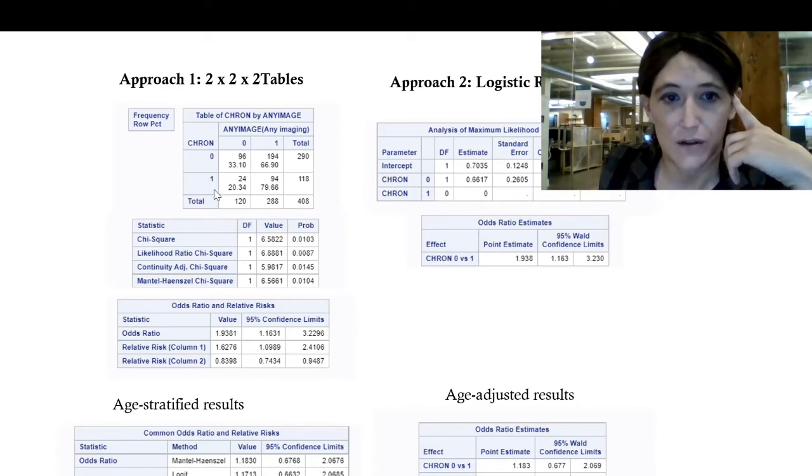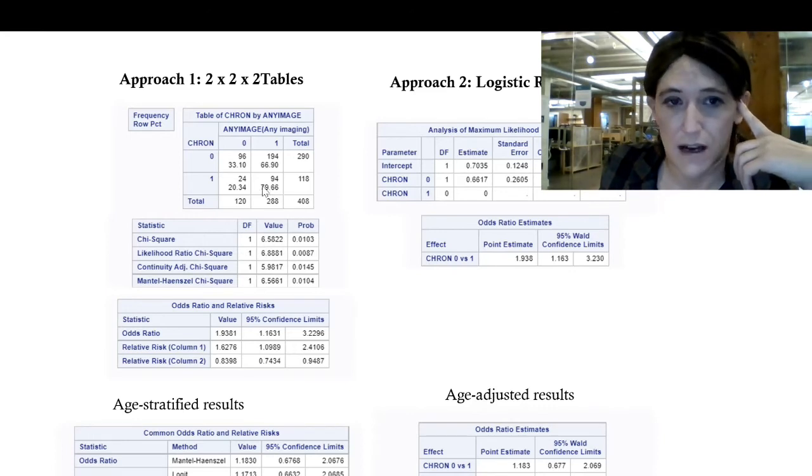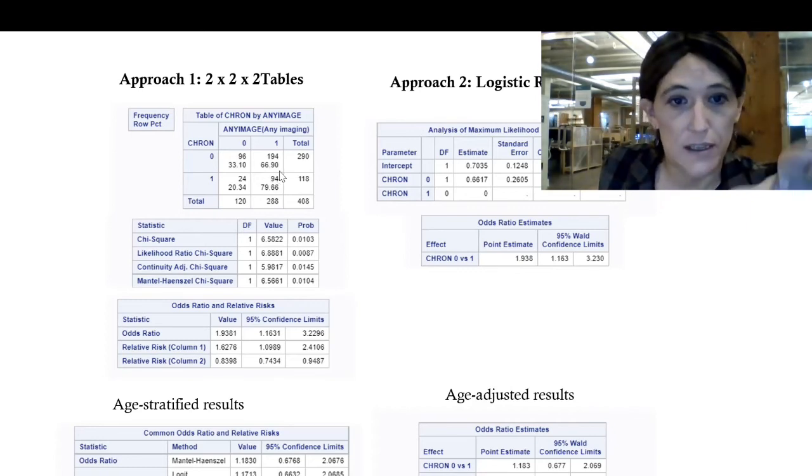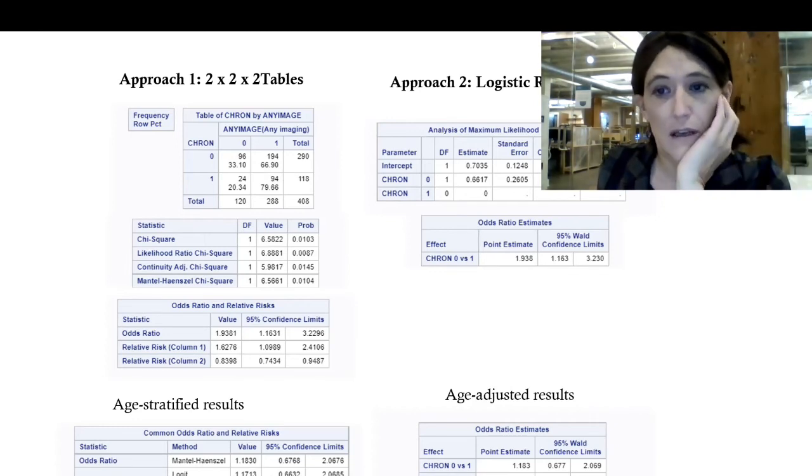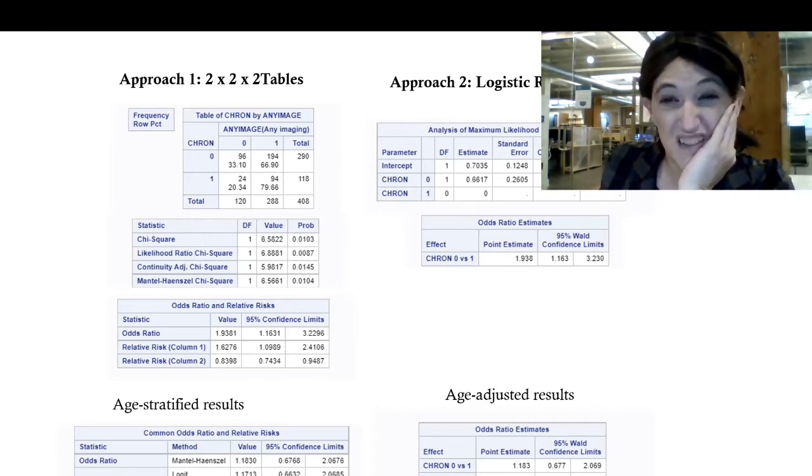And I find that those who have a chronic disease, 79% got imaging. For those who didn't have a chronic disease, 66% got imaging. So a 13% difference in the proportion who received imaging.